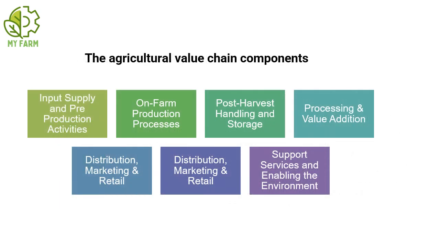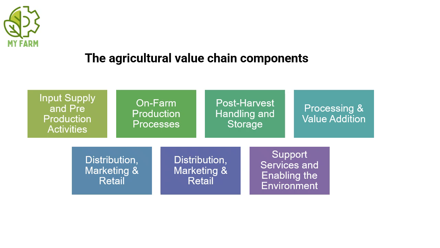The agricultural value chain can be broken down into 6 core components, each playing a vital role in the journey from farm to consumer. Let me walk you through each of these components. The chain begins with input supply and pre-production activities. This includes everything needed before actual production begins: seeds, fertilizers, machinery, financial services, and technical knowledge.